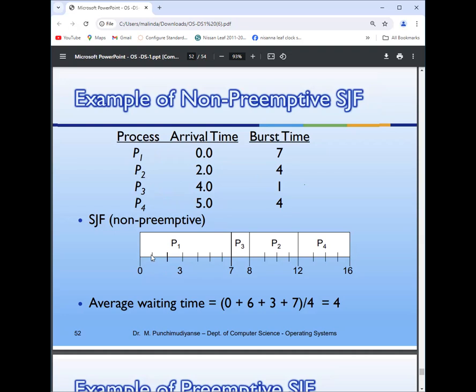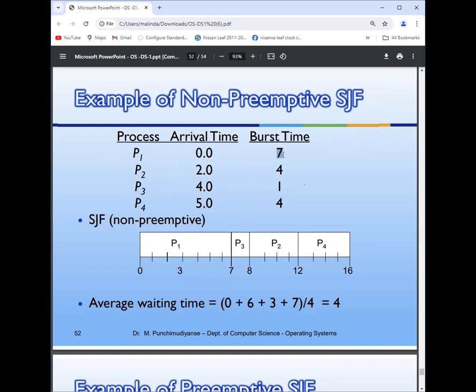So I hope you understood this Gantt chart. I will explain this one more time. The processes are coming in this order, and their arrival time is given in the second column. Burst times are given in the third column. When you take the process list, P1 arrived at time 0, others haven't arrived yet.